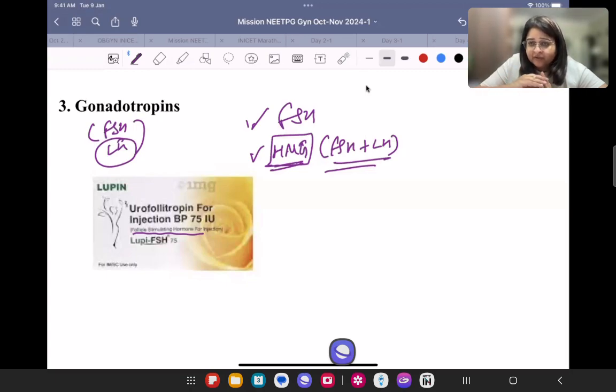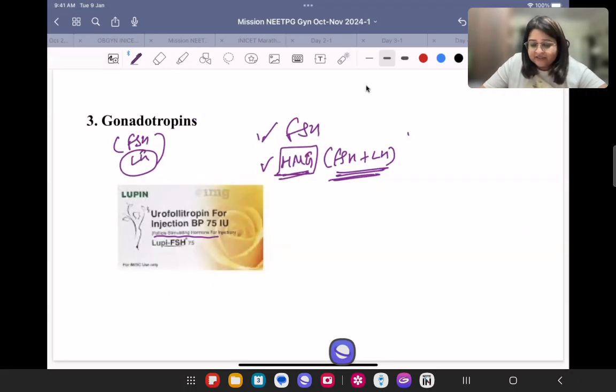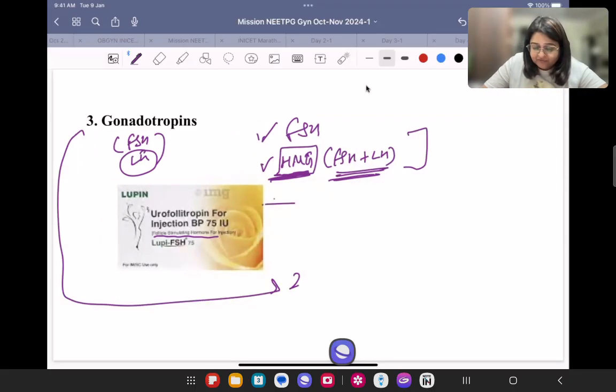So they either purify only FSH, or they create FSH plus LH. That's called human menopausal gonadotropin. So if you see this in the question, don't get confused. HMG simply means FSH plus LH, and it is given in women. It is a second line drug. So first line drugs are letrozole and clomiphene in PCOS. If that fails to work, this is a second line drug for ovulation induction in PCOS.